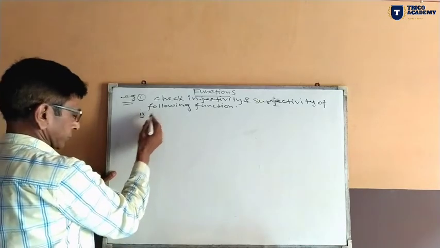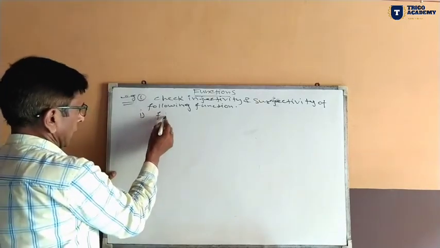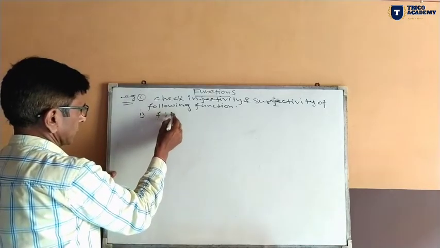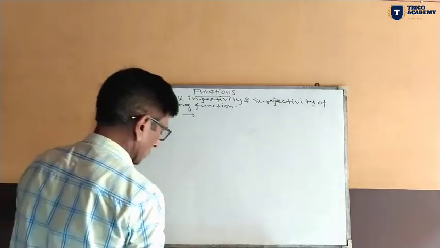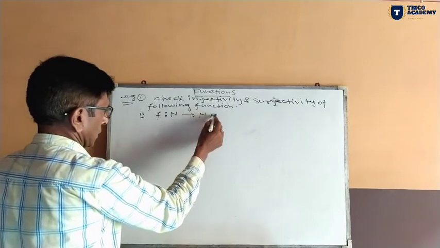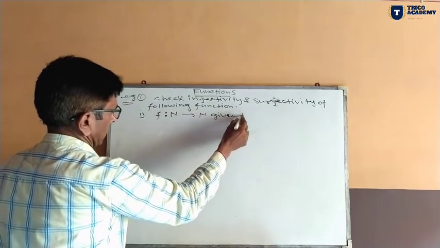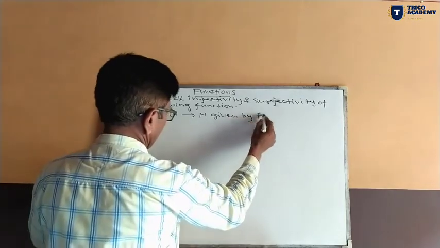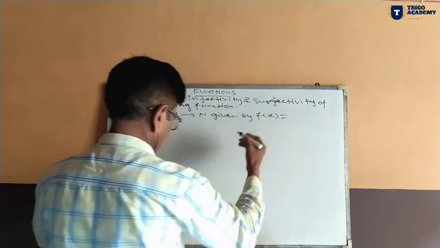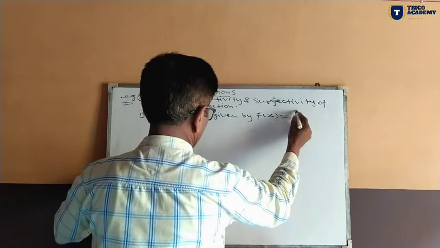First, f such that N tends to N given by f(x) equal x square.